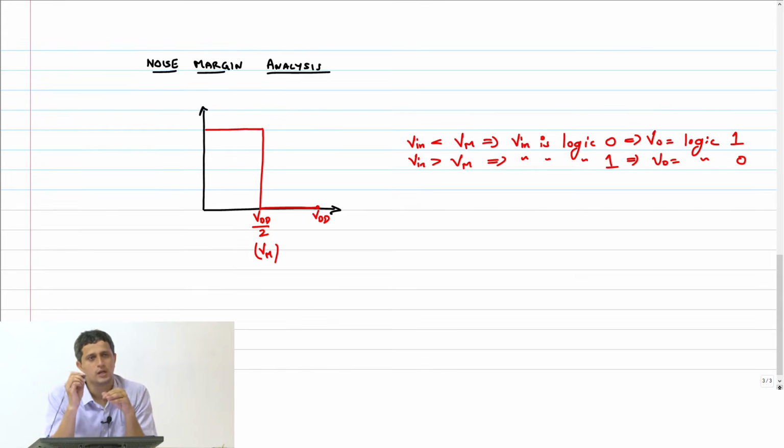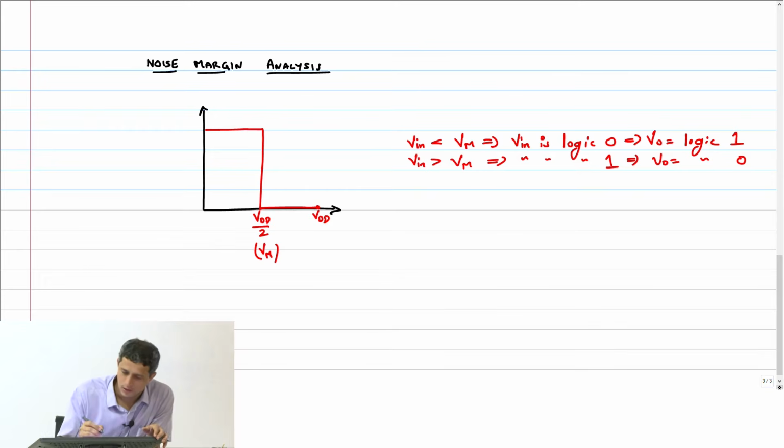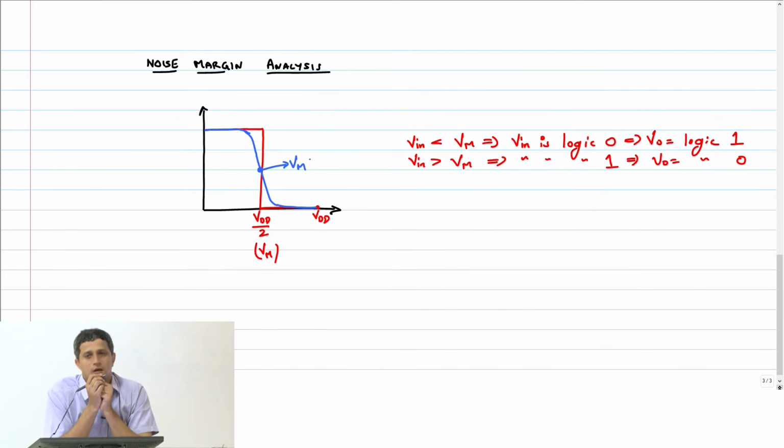Now I want to see how this analysis works for the real inverter, because there is a deviation from this ideality. So if you consider the VTC of the real inverter, it would be slightly exaggerated, I am showing, but yeah, this is my Vm, right.